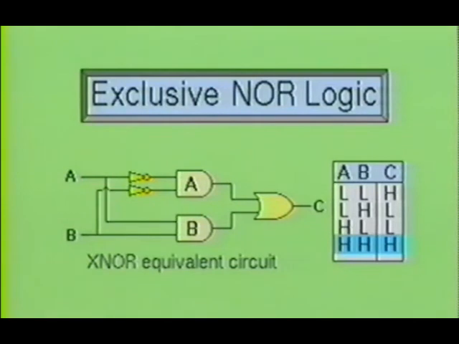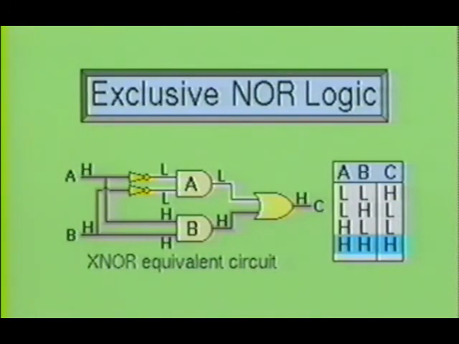Next we shall see what happens when we make both inputs high. Our truth table shows that there will be a high output. As you can see, when input A is made high, it places a low at one input of gate A and a high at one input of gate B. When input B is made high, it feeds a high into the other input of gate B and a low into the other input of gate A. Gate A now has two low inputs, which causes it to produce a low at its output, and gate B now has two high inputs, which causes it to produce a high output.